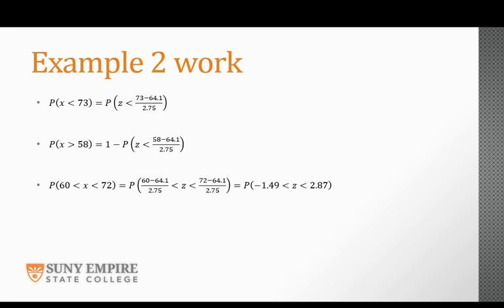To find the probability that a woman is less than 73 inches tall, we need to normalize the height by subtracting the mean and dividing by the standard deviation. The probability that the height is less than 73 is the same as the probability that z is less than 3.24, which is 0.9994.